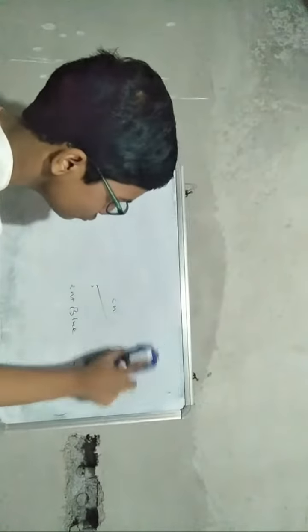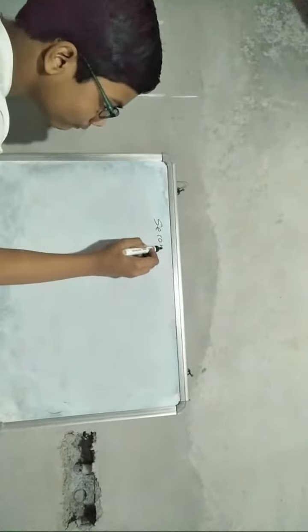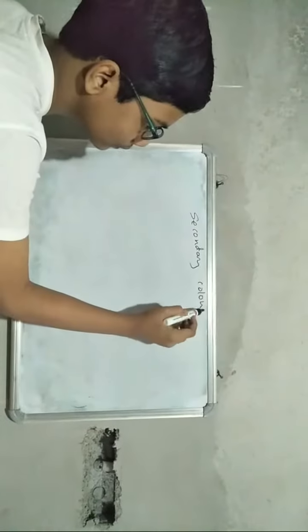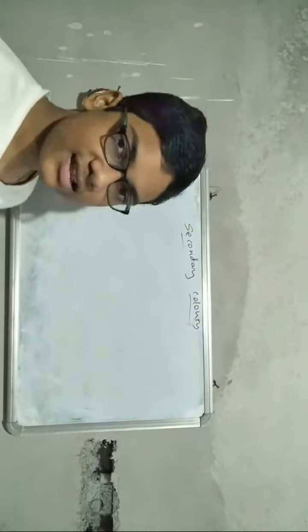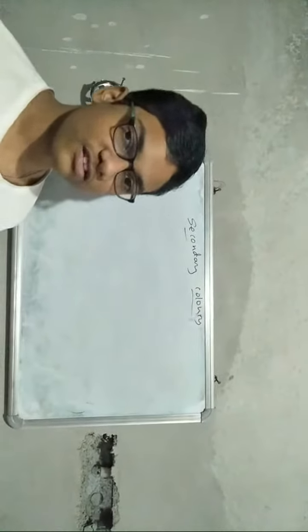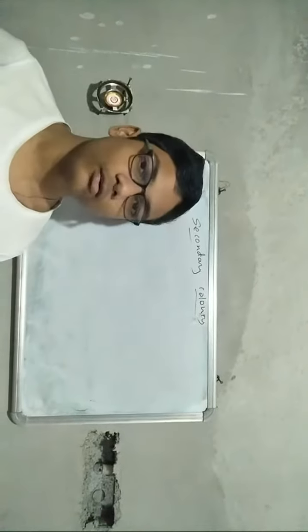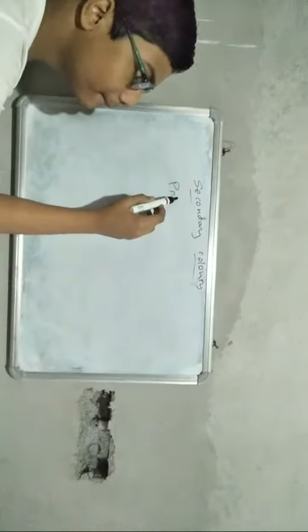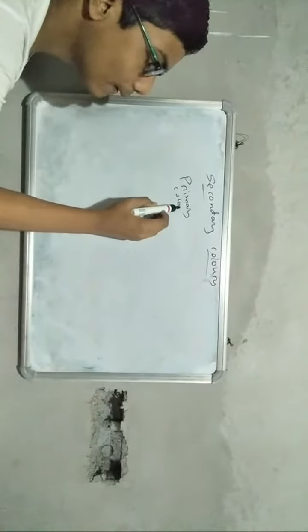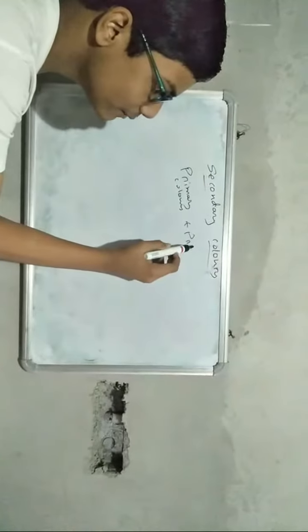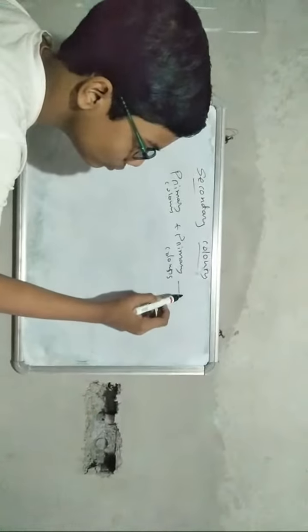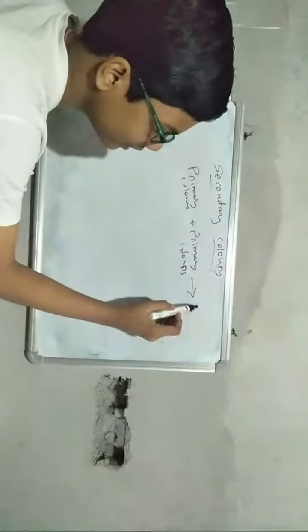The next one is secondary colors. What are secondary colors? Secondary colors are the colors we get if we mix 2 primary colors together. So the equation is: primary color plus primary color equals secondary color.